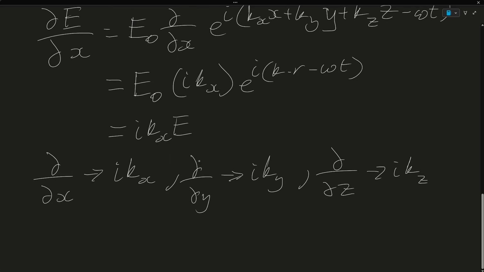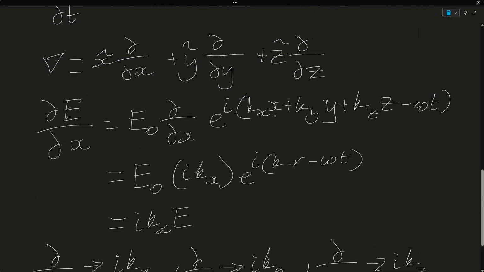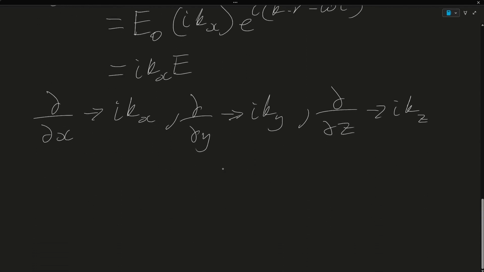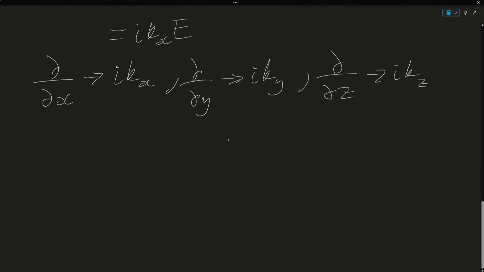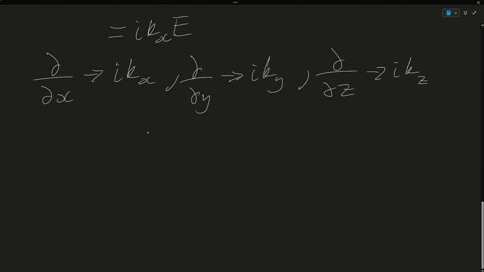It's fairly obvious how that would be shown, because if you differentiate with respect to y, then the other terms would just be constants and ky would come down, and the same with z. And then you're left with that same function up there, because of the exponential. So now we can see what the divergence is for the electric field.